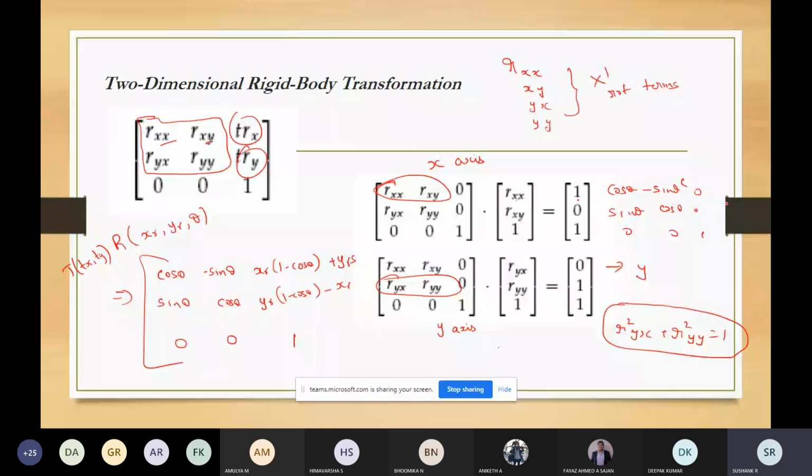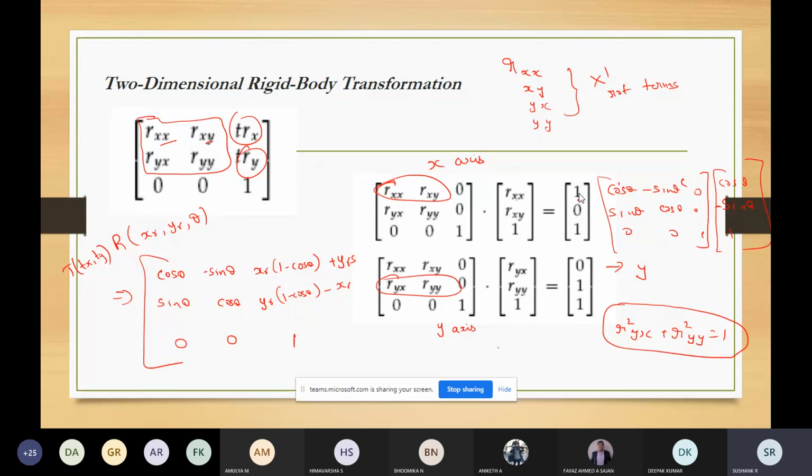After this, rxx is cos theta, sin theta, minus sin theta, and again cos theta, and 0 0 1. That is how the equation is derived.